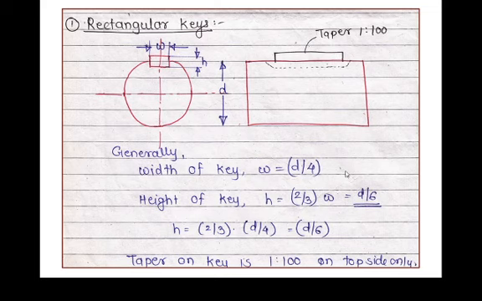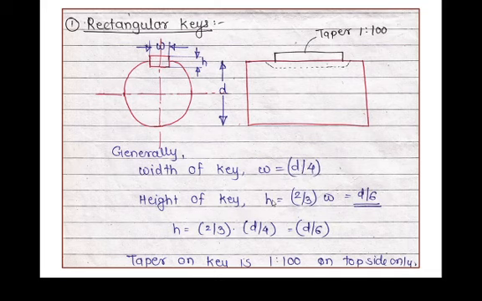Now, for rectangular keys, there are some standard dimensions available. Suppose D is the diameter of the shaft, W is the width of the key, and H is the height of the key. As it is a rectangular sunk key, 50% of the part will be in the hub and 50% in the shaft. The width of the key is evaluated using an empirical relation: W is equal to D by 4.